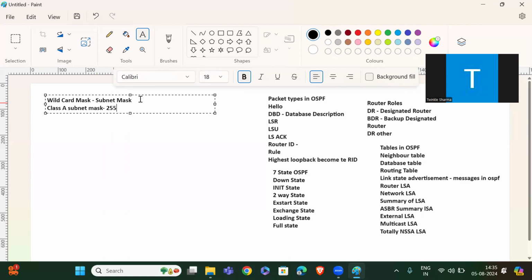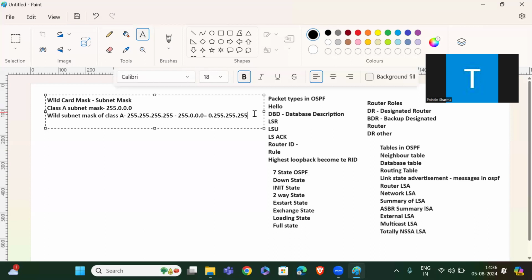This is our class A subnet mask, 255.0.0.0, and the wildcard mask of class A is 255.255.255.255 minus 255.0.0.0, which equals 0.255.255.255.